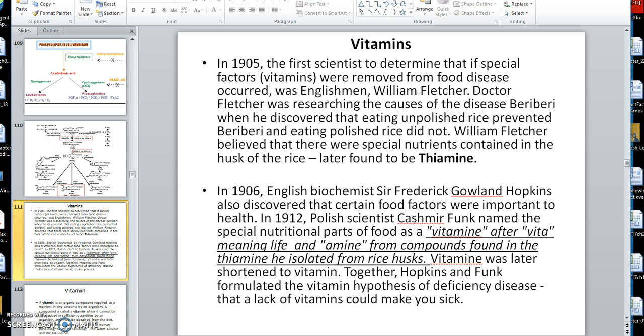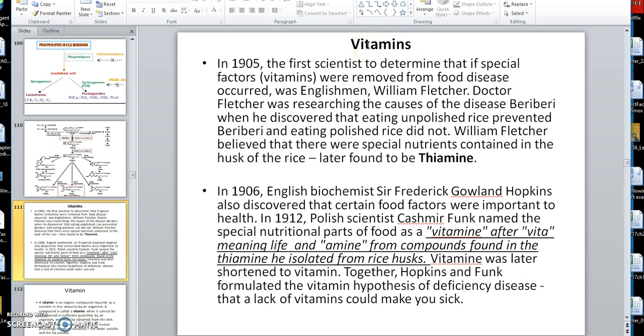The substance was an amine. Remember, an amine contains the amine group. So they said, okay, this substance is an amine, so amines must in some way be vital to life. Put the words together, vitamins.